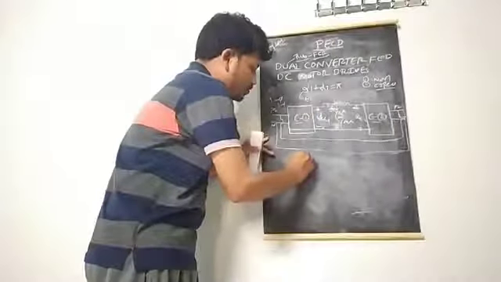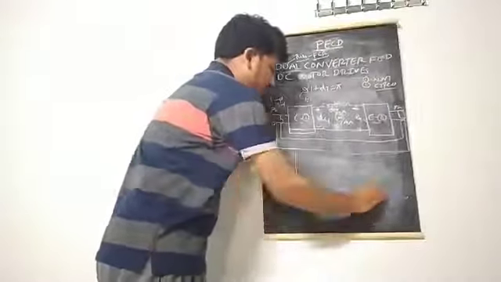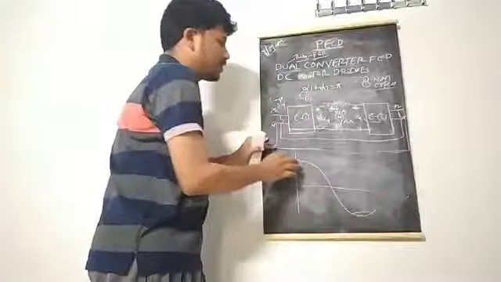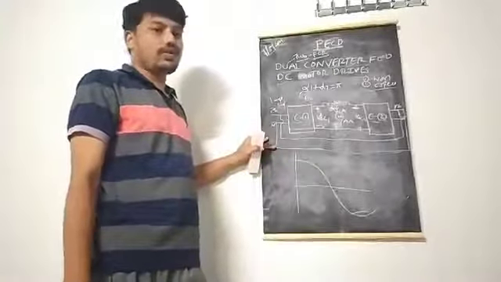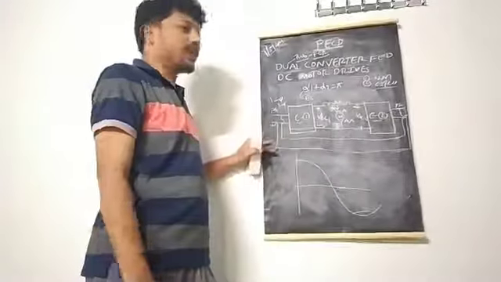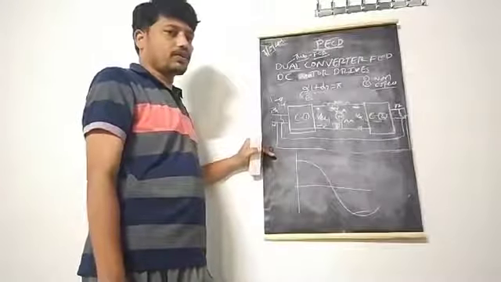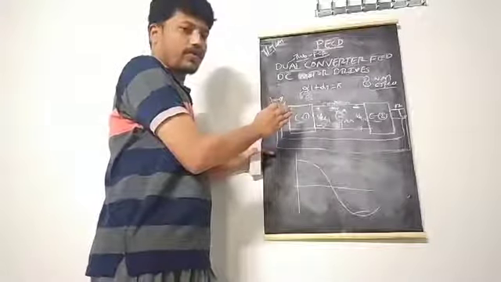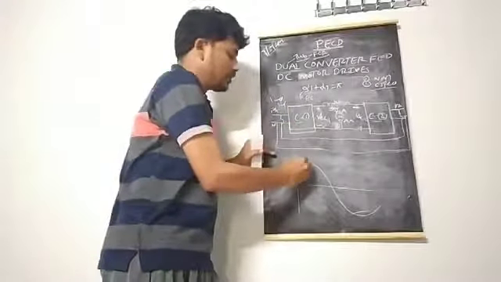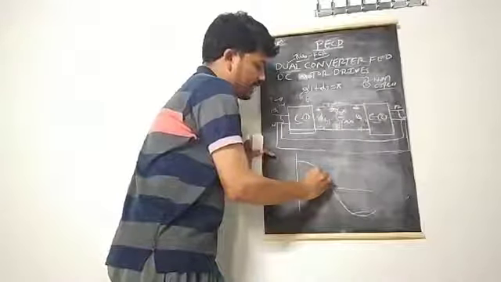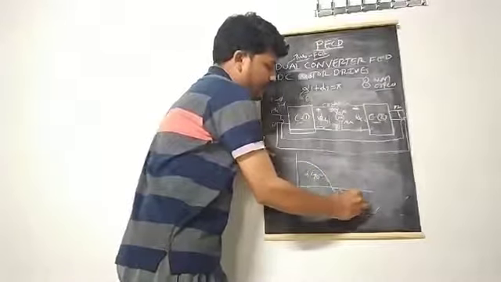The output voltage of converter 1 is like this. This is the output voltage of converter 1, which is similar to the fully controlled rectifier output, because converter 1 and converter 2 each have a fully controlled rectifier circuit. Therefore, if we take a fully controlled rectifier output, this is the output of one converter. This is for alpha less than 90 degrees, and this is for alpha greater than 90 degrees.